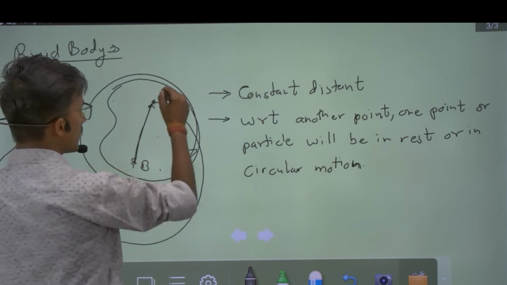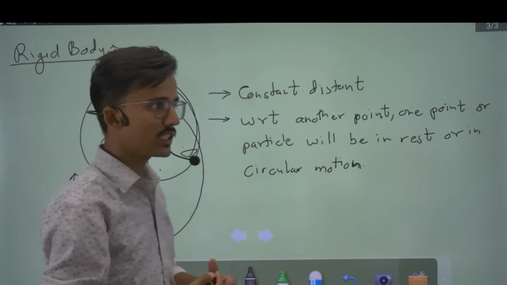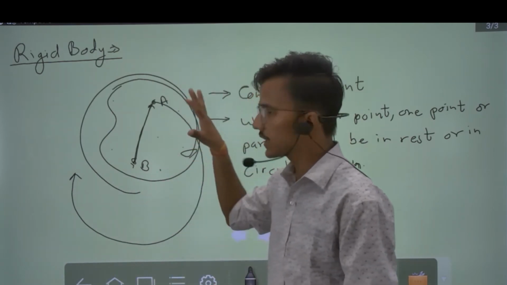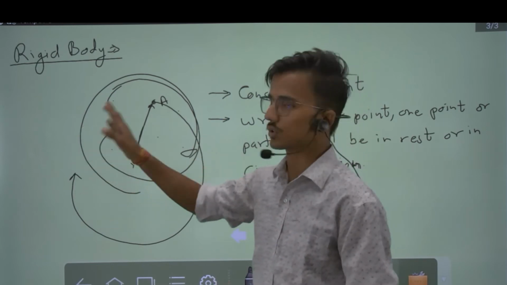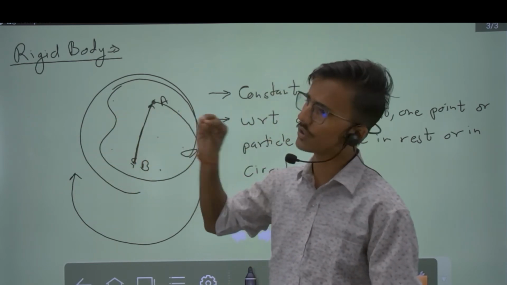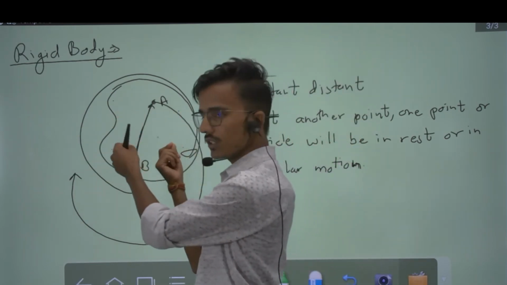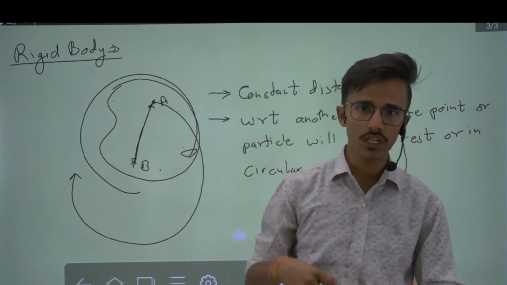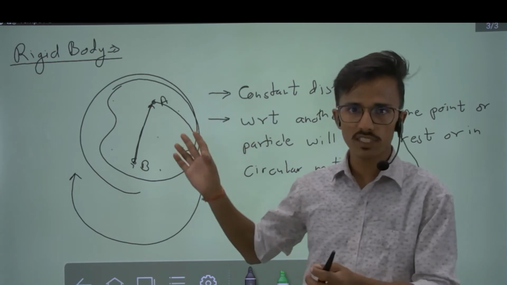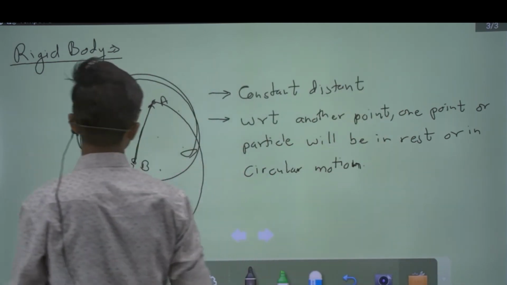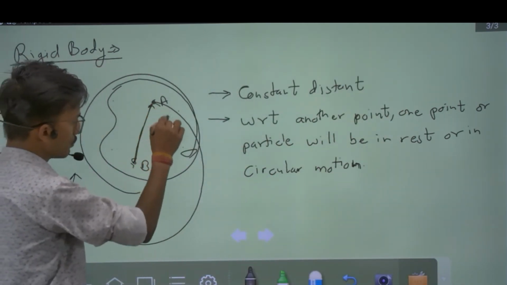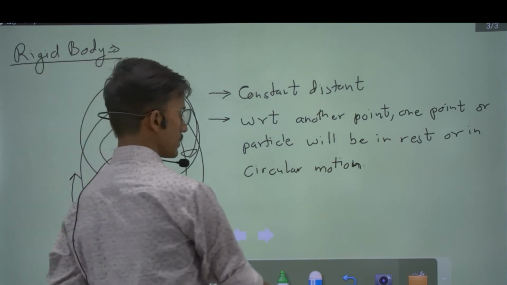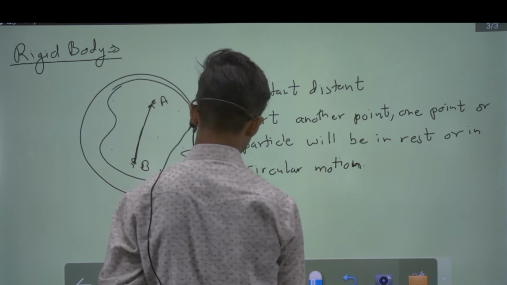The distance between A and B can't change. So it can be at rest or in rotational motion only. You can assume any point in the body and throw that body anywhere, so it will rotate and move as well, but the distance will not change, and one point with respect to another point will move in a circular motion. So this is the second point.